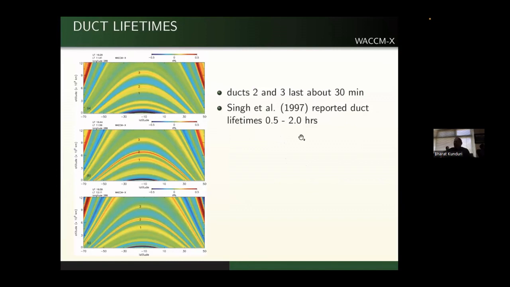So we certainly capture the half hour in some locations. I don't think I've seen this particular simulation have them lasting 2 hours. But again, this is reasonably, quote, consistent with the observations.